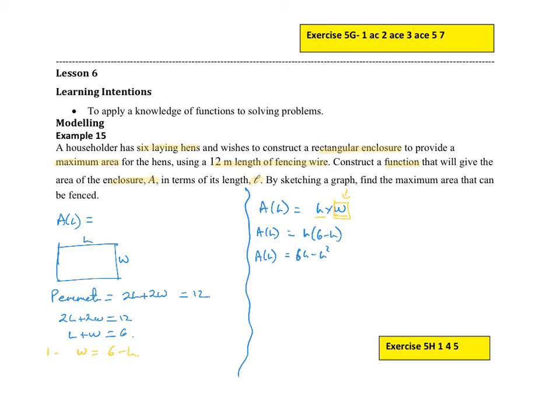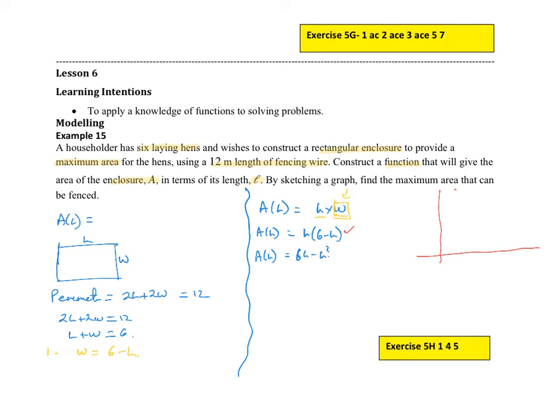So if I sketch this graph, now I'm only worrying about the positive quantities because that's what it is. I know it's a negative parabola, and from here I know that the intercepts are going to be at, well, actually let's undo that.